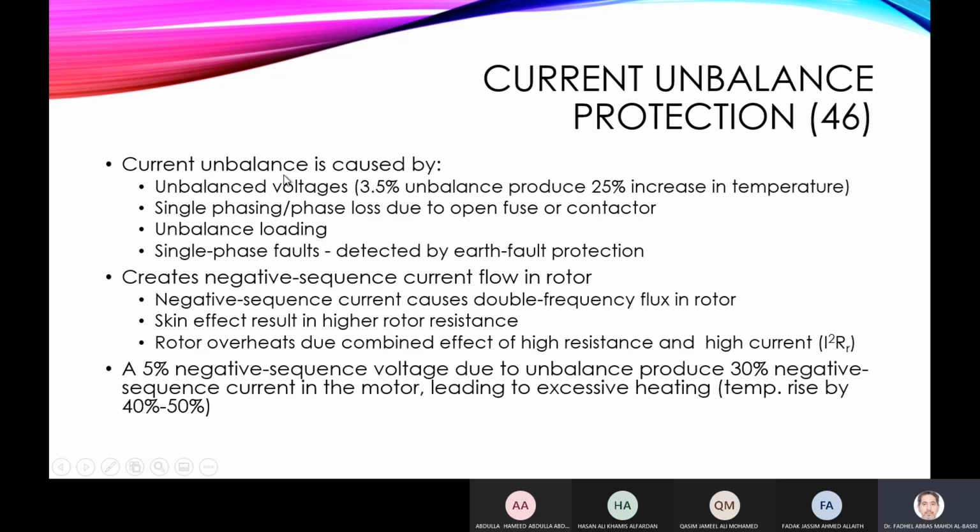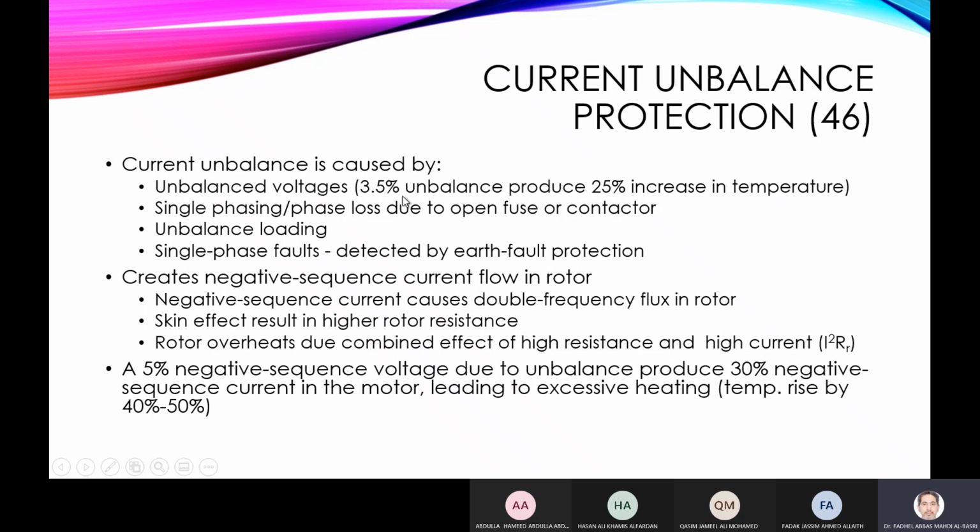Because current imbalance can be caused by several reasons. One of them is imbalance voltage, where the voltages supplied to the motor are not equal. For example, a 3.5% imbalance in the voltages can produce a 25% increase in temperature.